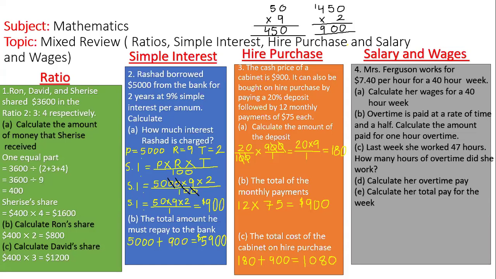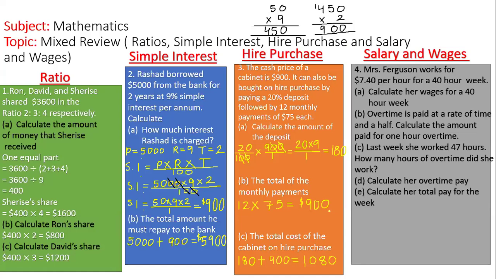Next, Christian Wilson. Where's Christian Wilson? Do you understand what you're doing? Yes, sir. Explain how I got the total cost on the hire purchase plan. You add the total monthly payments plus the deposit.